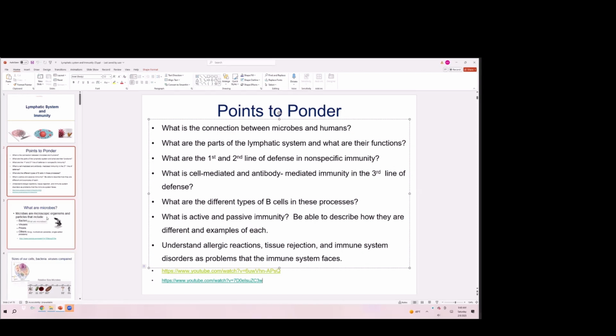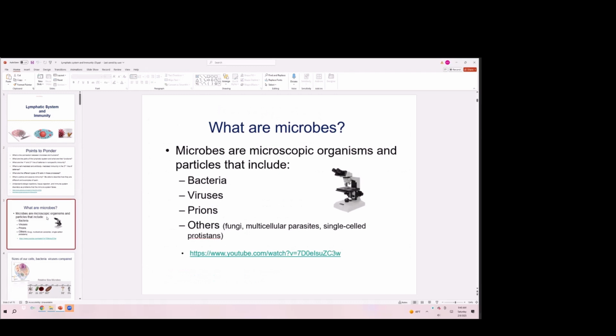So we talk about microbes. I said, what are microbes? From the way the word sounds, they are things that are too small for us to see with the naked eye and would require a microscope to be able to see them. These would include bacteria, viruses, and some proteinaceous material they call prions, and some fungi.